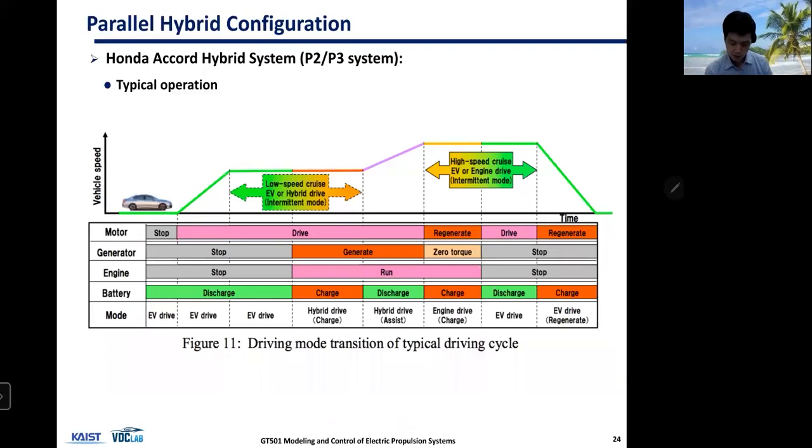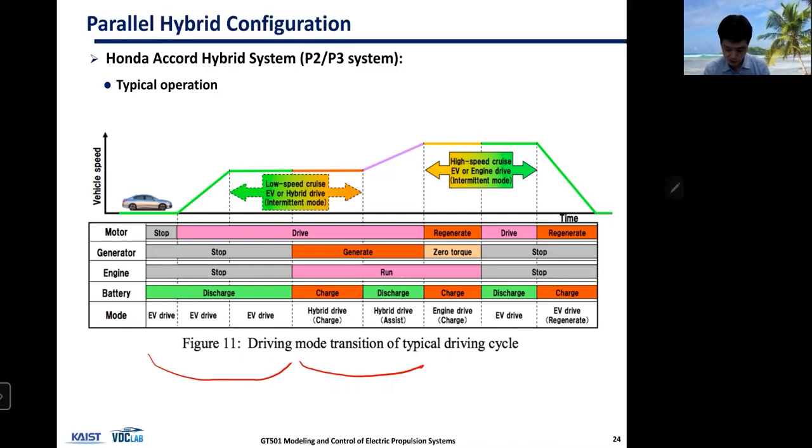And this is how the Honda system operates. So usually when you start the vehicle, you operate in the EV mode. And when you're cruising at low speed, you can either charge or help the engine from the battery, so you can accelerate better when you're accelerating.